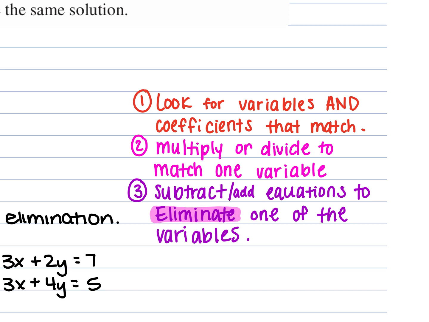So I always want the same number, the same coefficient in front of my variable. If I have a 2x, I want a negative 2x also, because what's 2x minus 2x? 0. They would eliminate, which is the name of this section, solve using elimination. So we want the same number, but opposites.